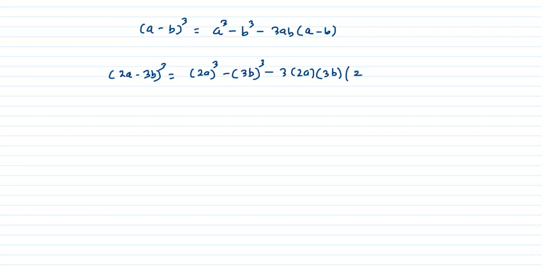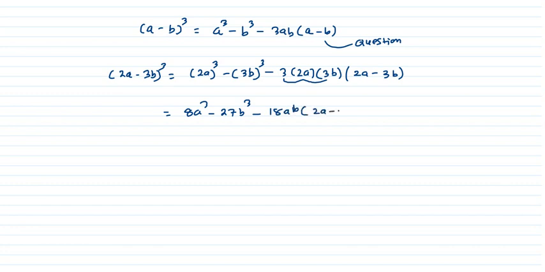Then 2a minus 3b, the question as it is, not the cube, just this term. 2a cube means 8a cube, minus 27, 3 3s are 9, 3s are 27, b cube, minus 3 2s are 6, 3s are 18, 18ab. Then same question, 2a minus 3b.